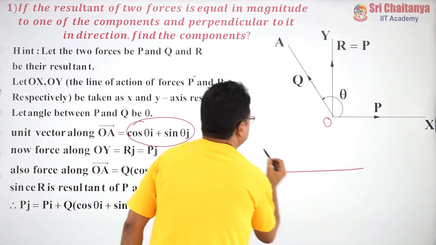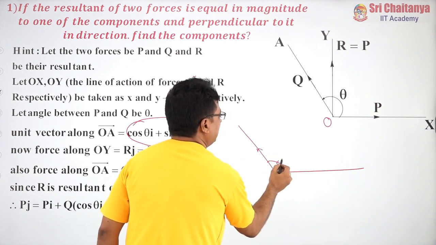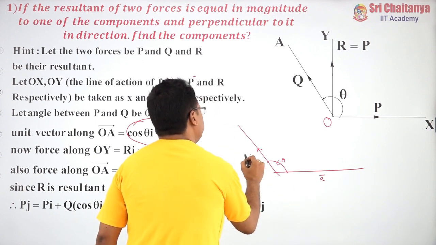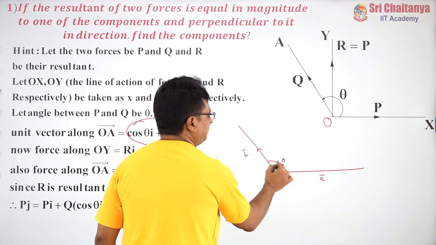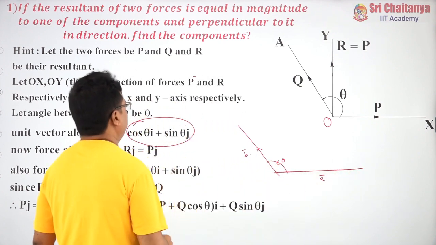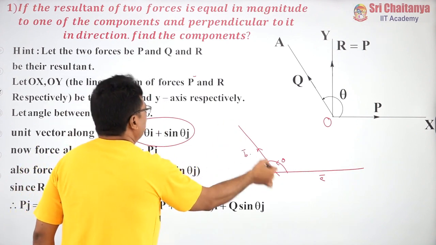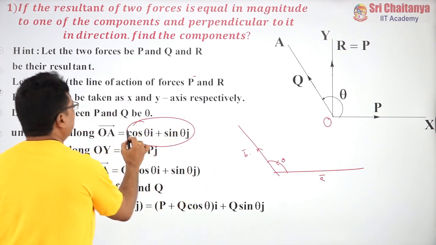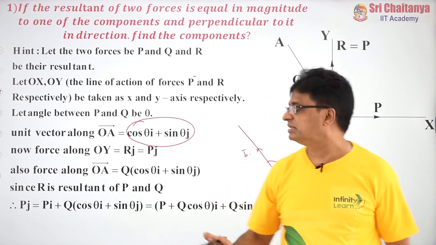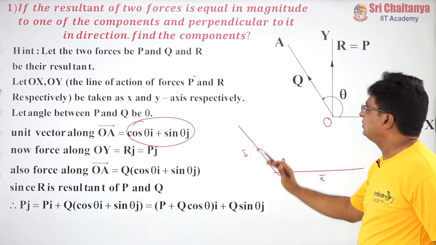Suppose this is the situation, this is the angle between two vectors, this is A bar, and suppose this is B bar, and the angle between these two is theta, then the unit vector along B bar is nothing but cos theta i plus sin theta j. This is called the unit vector, because I know theta. How to get it, I will explain, don't worry.